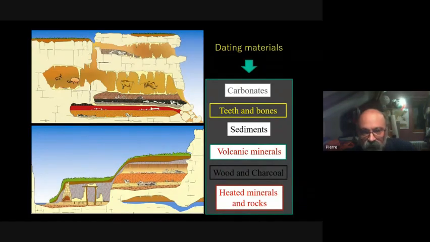We can use teeth and bones of big mammals in every kind of site. Sediment can also be used to give an age, and in this sediment, some specific ones, the volcanic minerals, are very usable. We will see that after. For the most recent sites, we can also use wood and charcoal.